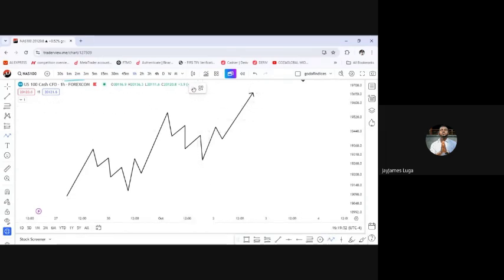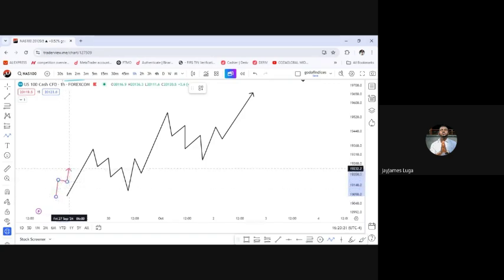Now we know that price does not just move in a straight line. You see this impulse movement here, you can still mark it like this. Everything happening for this impulsive move, because price does not move in a straight line.